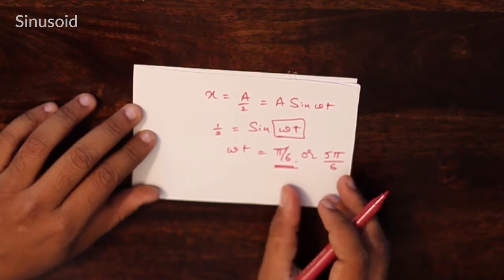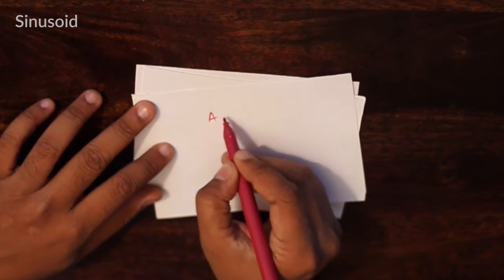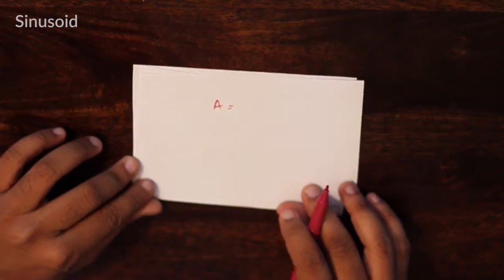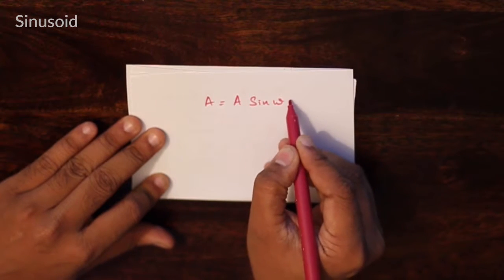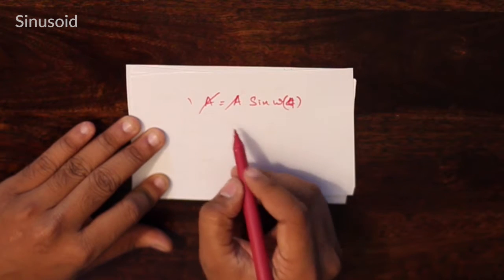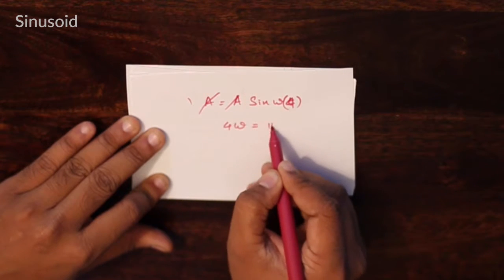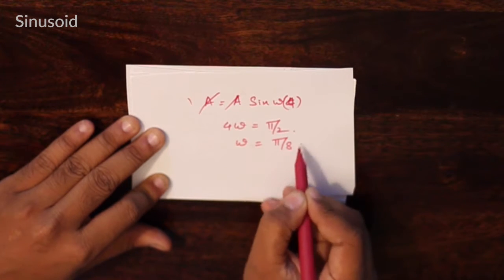So if it takes 4 seconds in order to go to the end a, so a is equal to a sine omega into 4. So 4 omega becomes pi by 2, and that makes our omega is pi by 8.